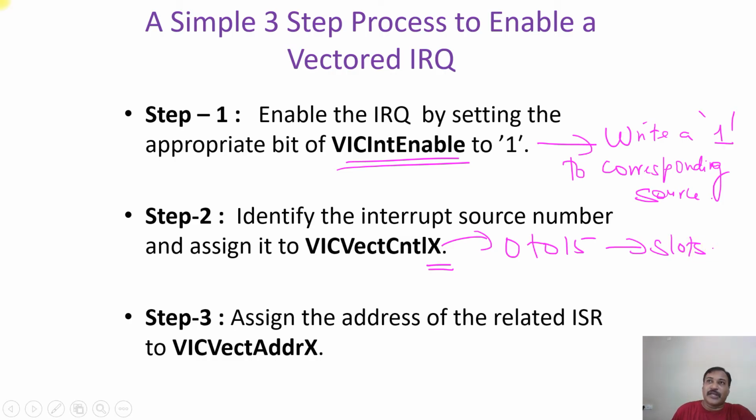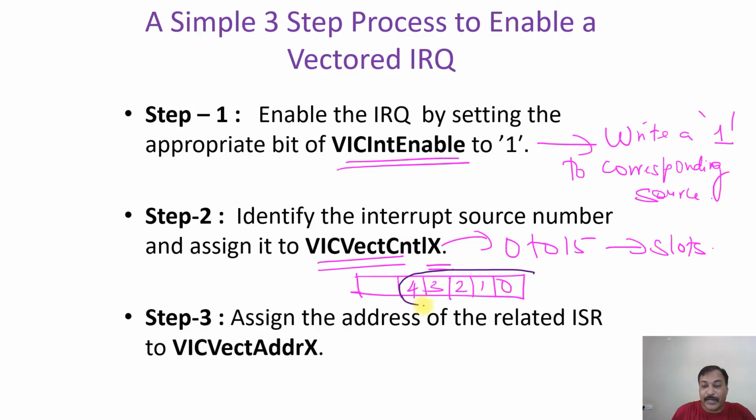So whichever slot you want to assign, take the corresponding control register and assign an interrupt source to it. It has the following syntax: bit number 0, bit number 1, bit number 2, bit number 3 and bit number 4. These 5 bits you make use of for writing the source number of that interrupt. This bit is the enable bit. You always make this 1. So these are the two things that you do.